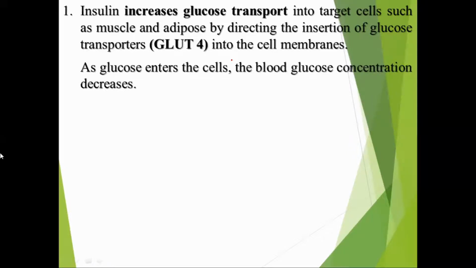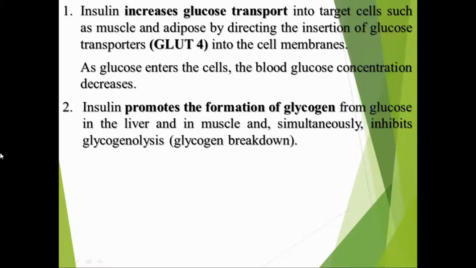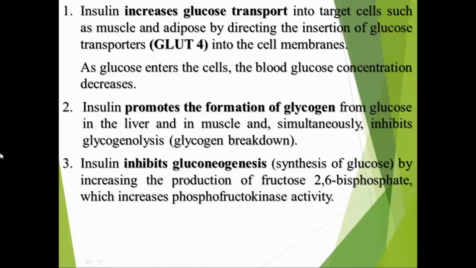As glucose enters the cells, the blood glucose concentration decreases because it is now stored in the cell. Insulin promotes the formation of glycogen from glucose in the liver and in muscle, and simultaneously inhibits glycogenolysis, the glycogen breakdown.